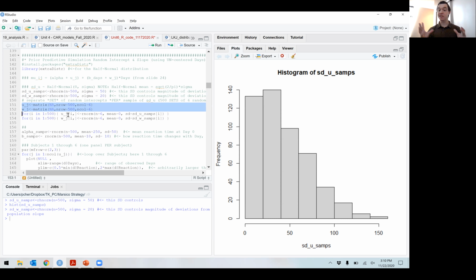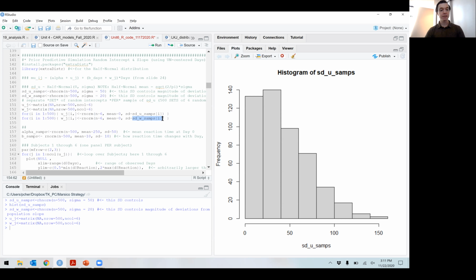Here, I'm just setting up an empty receptacle for my random slopes and random intercepts, those deviations from the population intercept, deviations from the population slope. And now conditional on each individual draw of that sigma u, I will generate a set of 6 random intercepts.